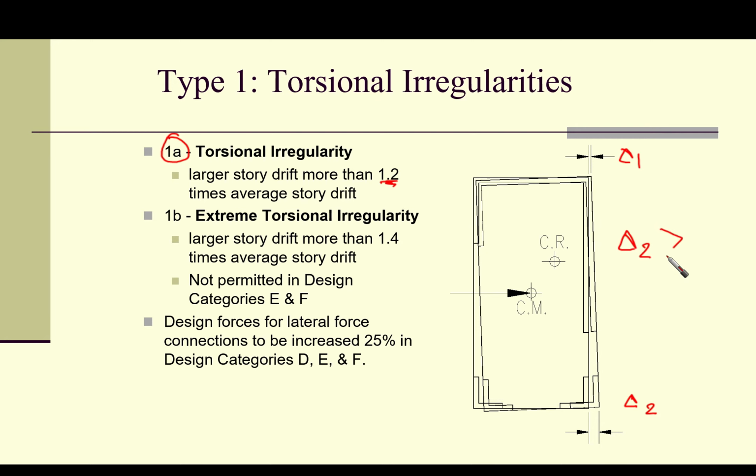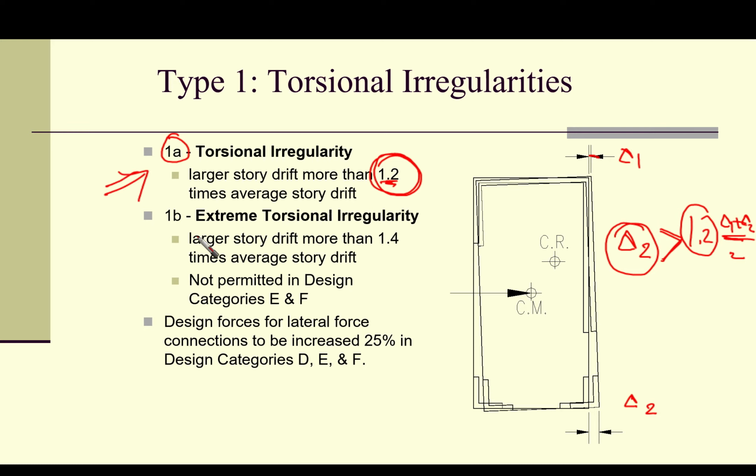It is larger than 1.2 times the average of them, which is (delta 1 plus delta 2) over 2. This is the meaning of this 1.2. So if we have displacements at the corners of the building and the average of them multiplied by 1.2 is less than the largest one, then we have torsional irregularity type 1A.